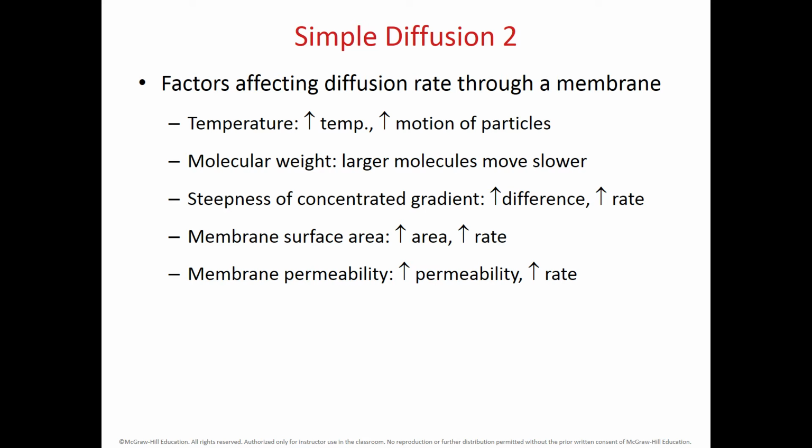And then, the greater the steepness of the concentration gradient, the greater the rate. The greater the surface area, the greater the rate of diffusion. The greater the permeability of the plasma membrane, the greater the rate of diffusion as well.